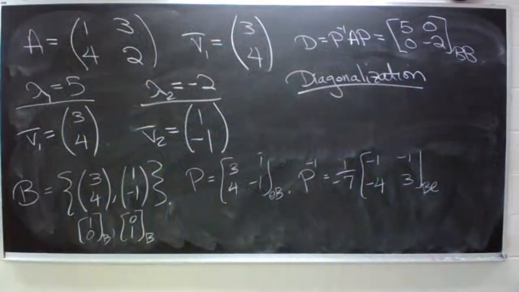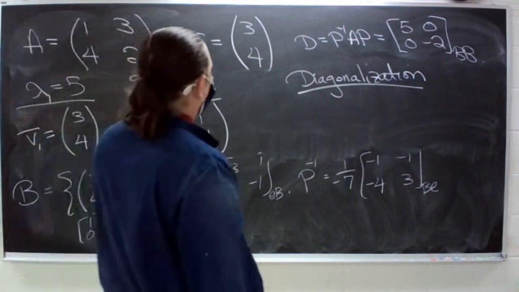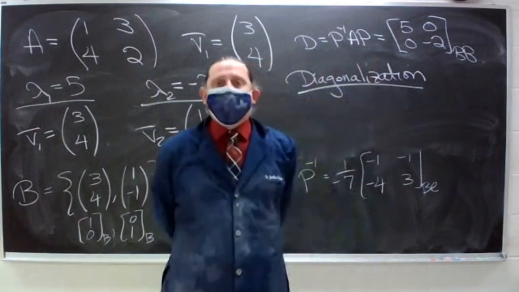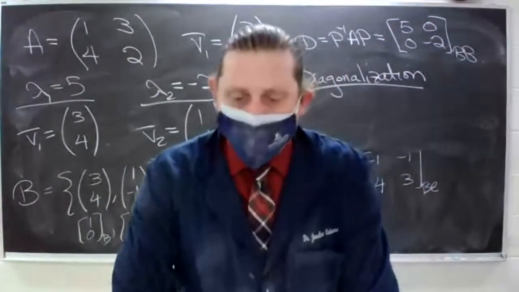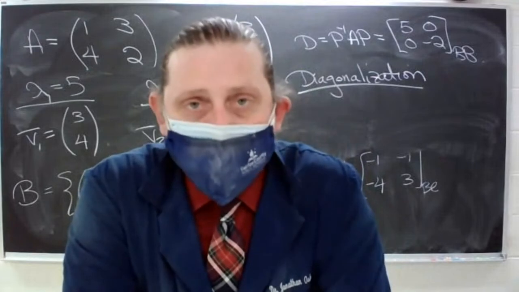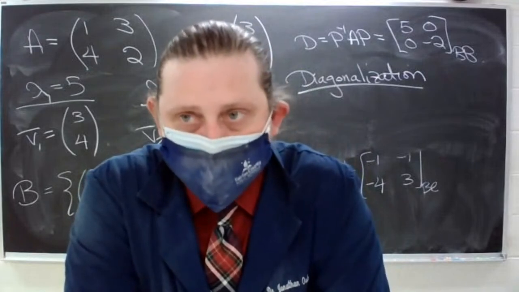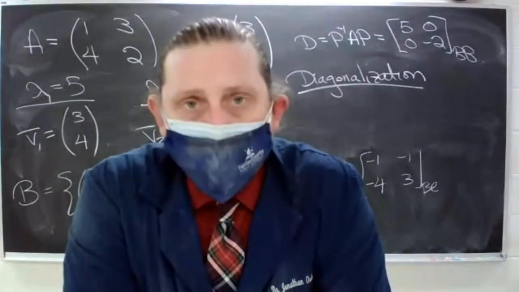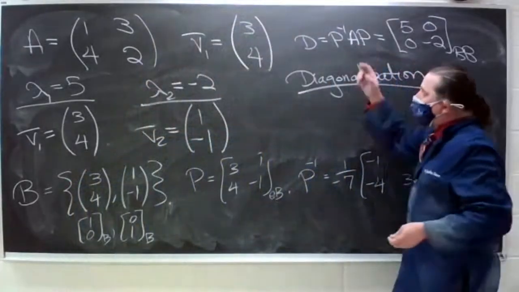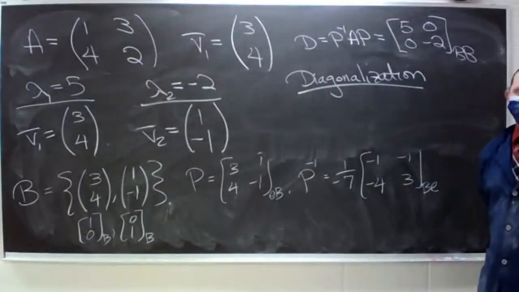We took matrix A and we found a similar matrix, matrix D, related to matrix A, a change of basis, otherwise known as a similarity transformation. All right? So we diagonalized matrix A through a similarity transformation.